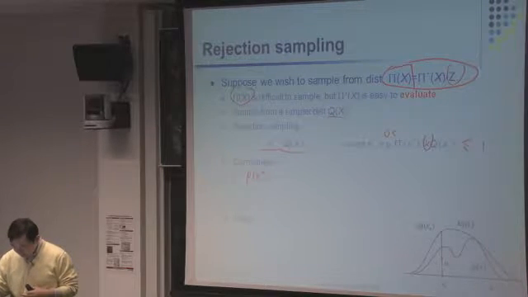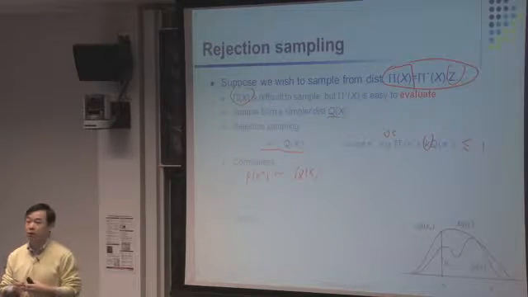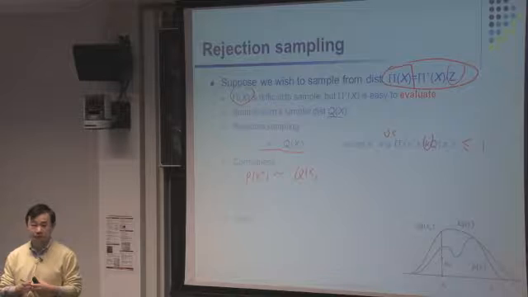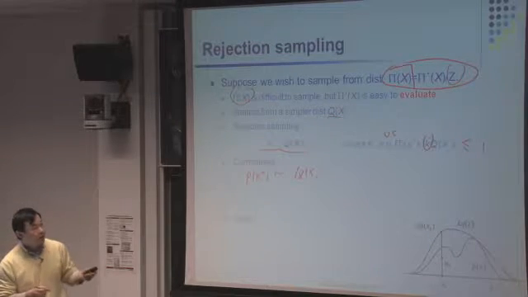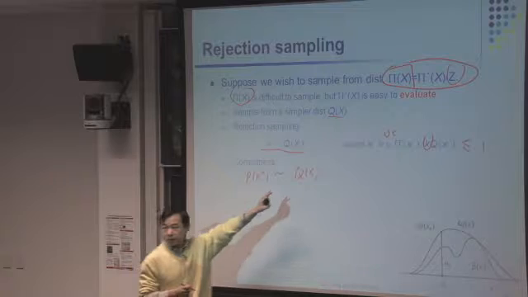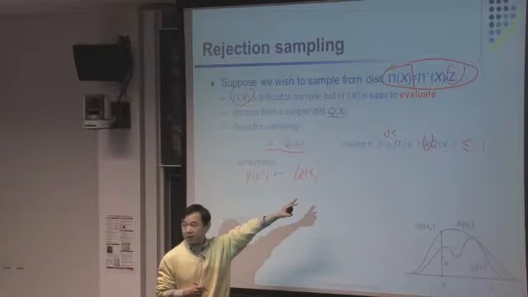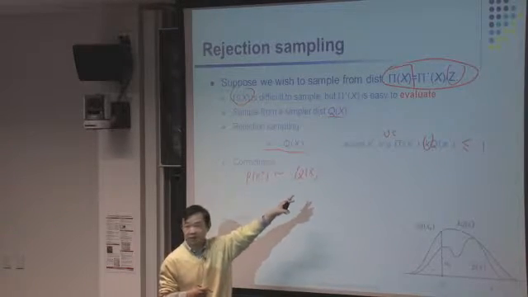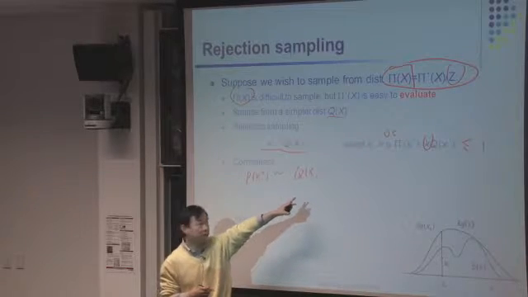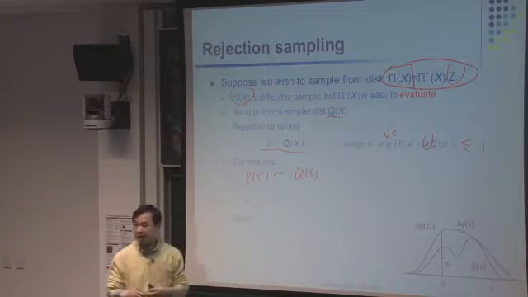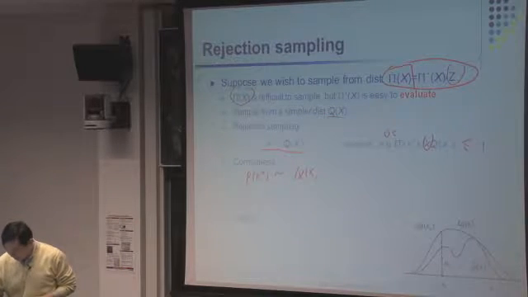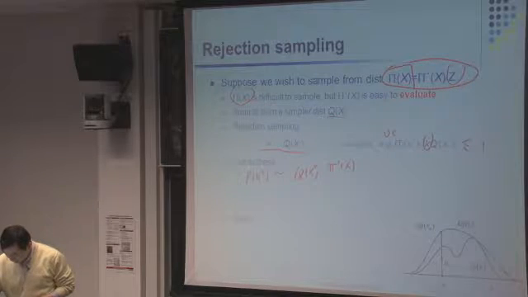Well, this has to be proportional to Q of x because the x star is drawn from Q of x, right? For sure. And then it is also subject to another step of scrutiny, which basically amounts to a binary test of whether to accept a sample or not, with probability determined by pi prime of x star divided by k Q of x star.